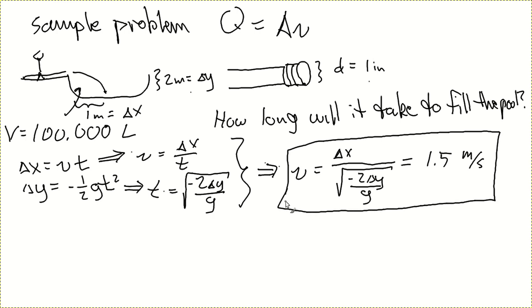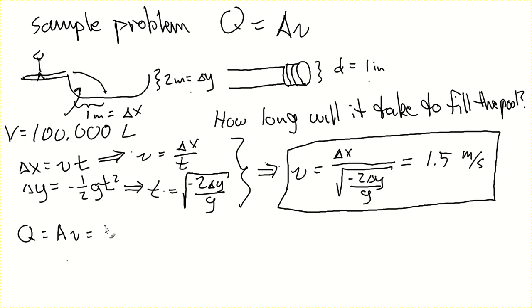Okay, so we've got velocity. Now we can turn to the fluid mechanics part of this question and calculate the volume rate of flow. That's going to be area times velocity.